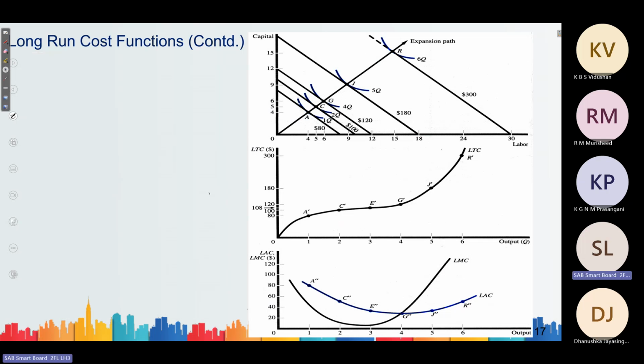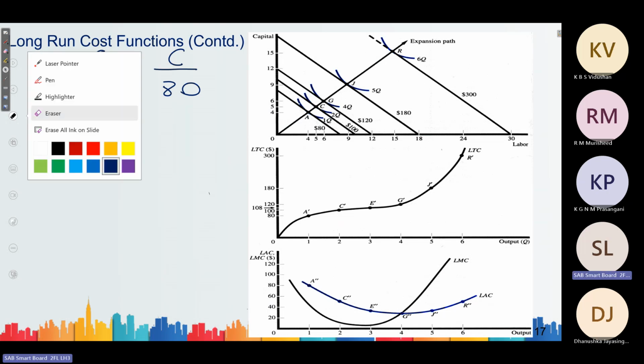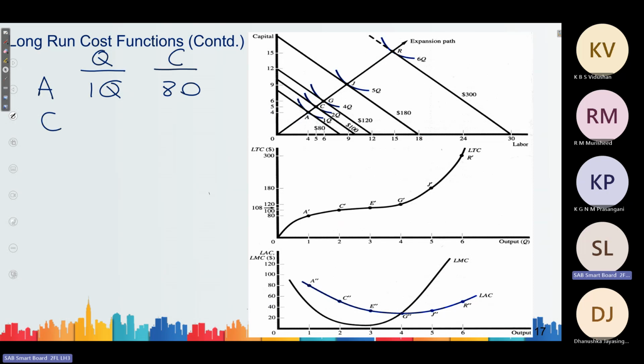For example, at equilibrium input combination A, they produce the 1Q level of output, and the total cost for that is 80 rupees. At equilibrium combination B, at equilibrium combination C, the firm produces 2Q units of output at a cost of 100.